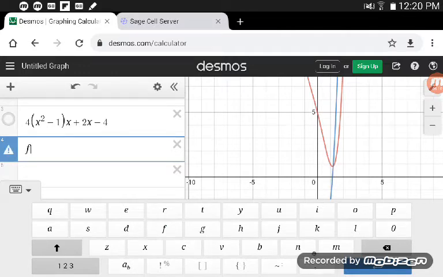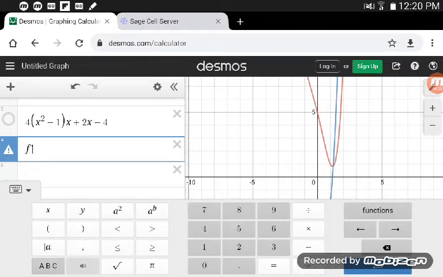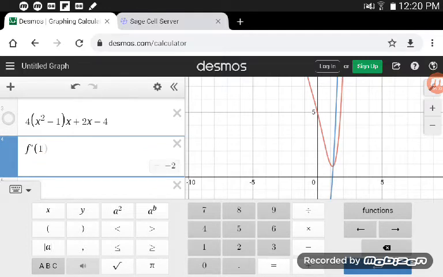F prime of, and now I think we're at 1.165, so I'll do 1. So F prime at 1. And so there I could tell you F prime at 1 is negative.